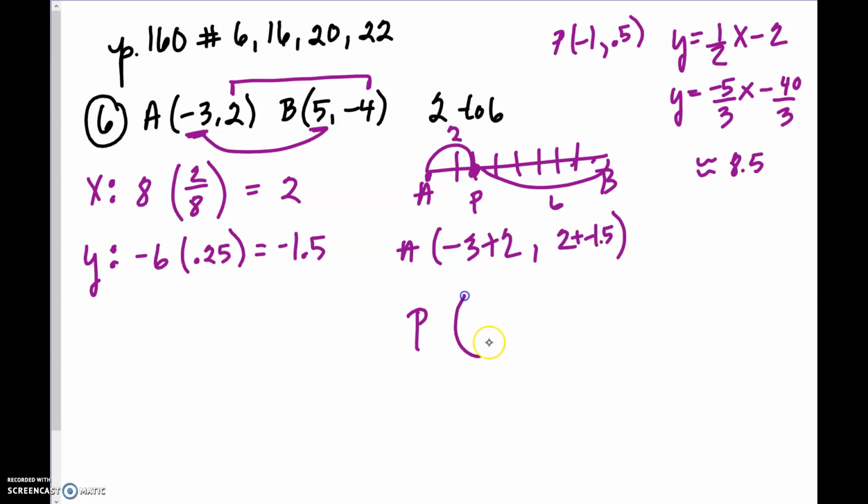So P is going to be at -3 plus 2, that's where I get my -1, and 2 plus -1.5, and that's where I get my 0.5, which makes sense, since -1 is between -3 and 5, and 0.5 is between 2 and -4.